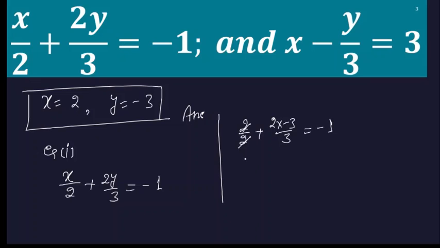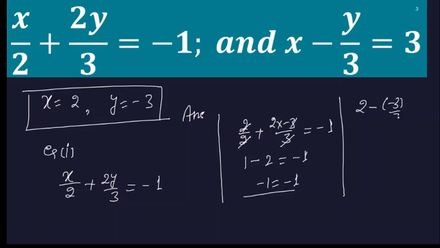So this is minus 1 equal to minus 1. And second equation, x is 2, y is minus 3, so minus 3 upon 3, it should be equal to 3. 2 plus 1 is 3, equal to 3. These two are already satisfied.